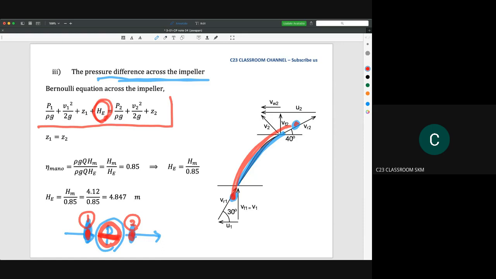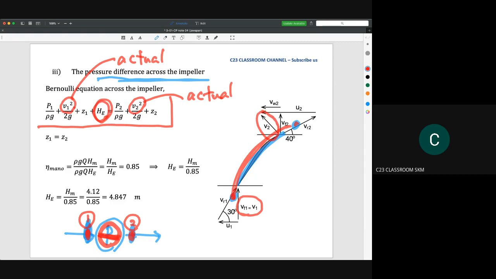Another thing that you should know is that the value of V1 here and V2 here is the actual velocity. This is actual, and this is also the actual velocity. From the velocity triangle, you can only use the value of V1 and V2.